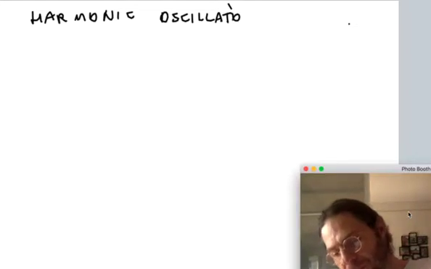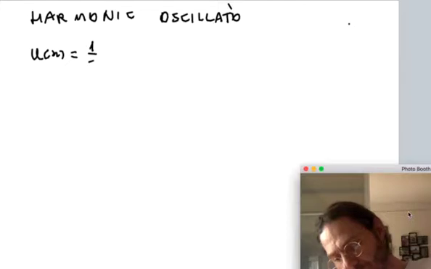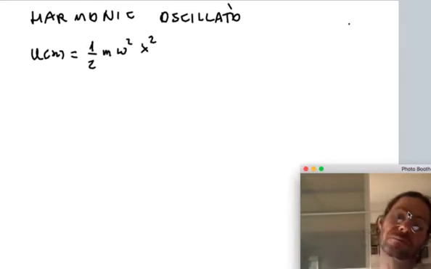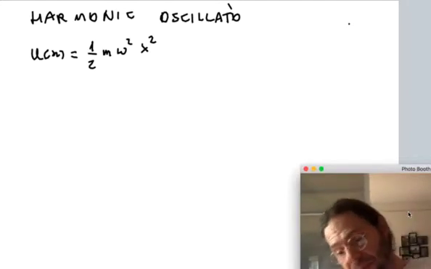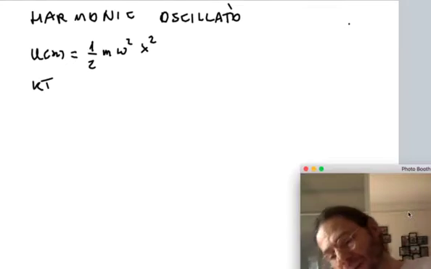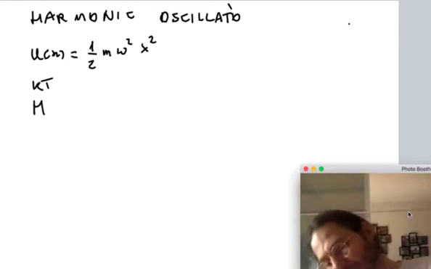So our setup is a system with a potential U of x given by the usual 1/2 m omega squared x squared. And we have a heat bath at temperature T, a particle of mass m with a viscosity gamma.